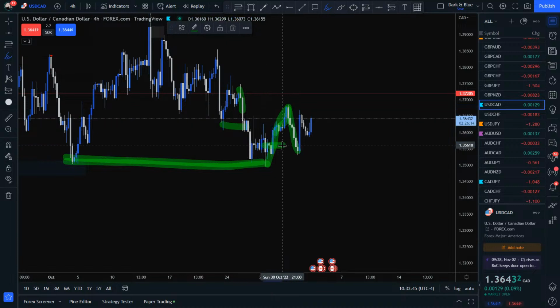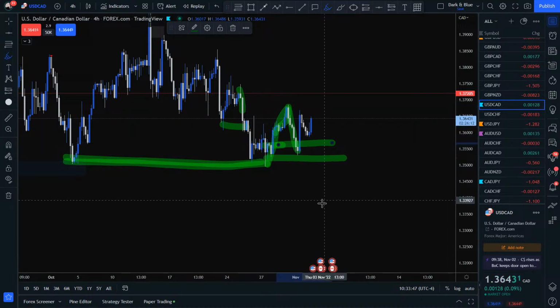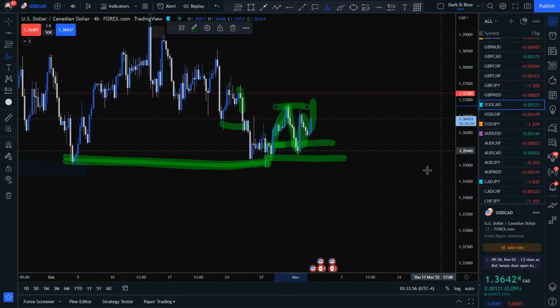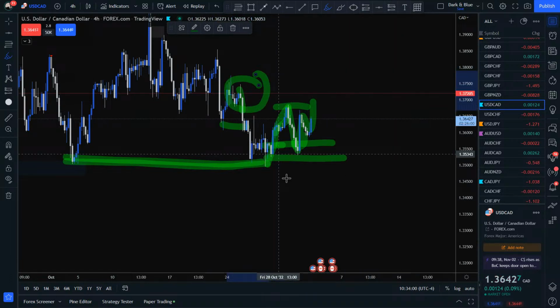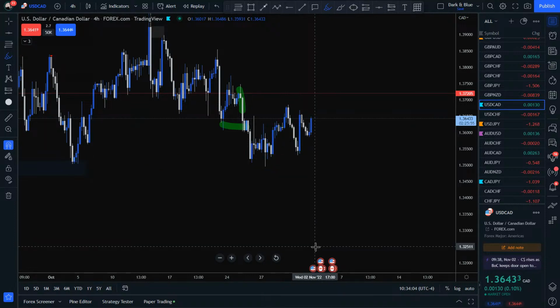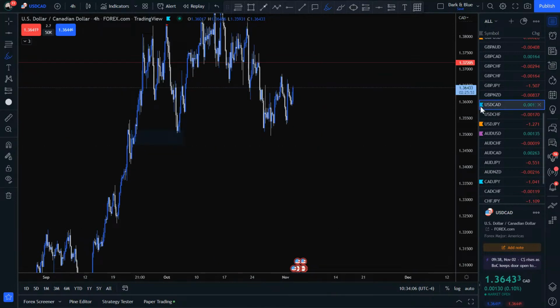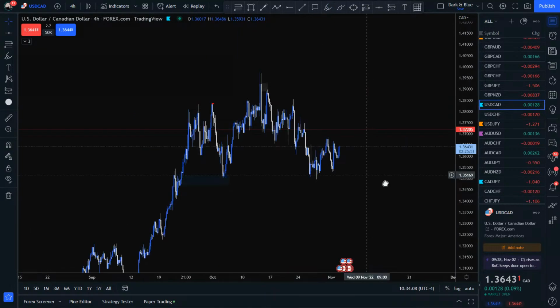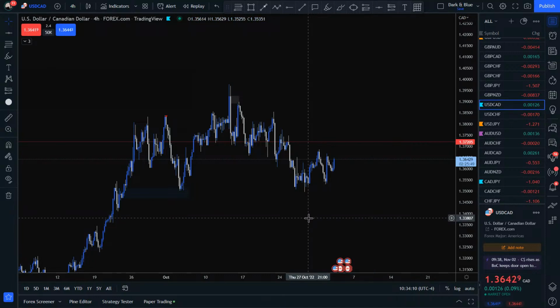Price came back to the demand, respected it, and we have this going on. I believe this high gets taken, and I believe your zone, your TP, has a very good chance of being hit. I do. Yes, I do.